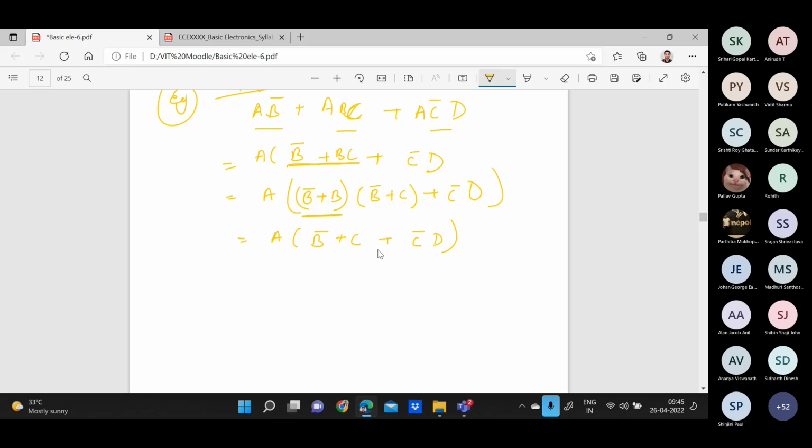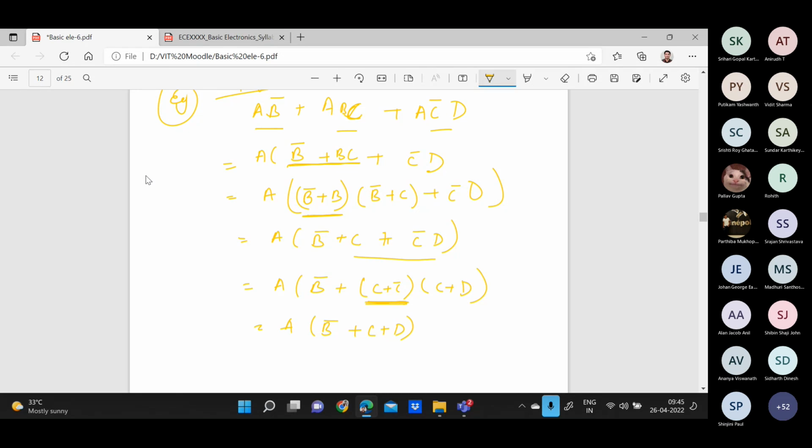Now again, you can apply the theorem here: if you open this one, what you will get? (c plus c bar) and (c plus d). Again, c plus c bar is 1, so it will be a b bar plus c plus d. Like that also you can solve.